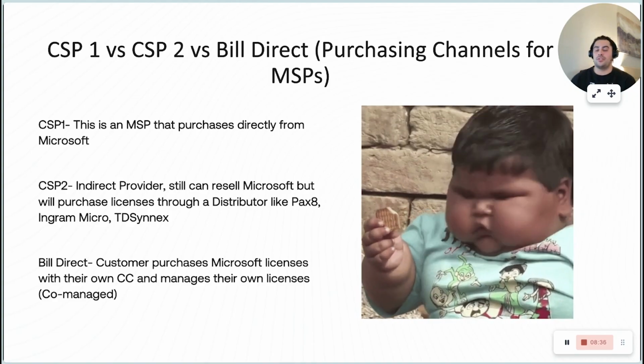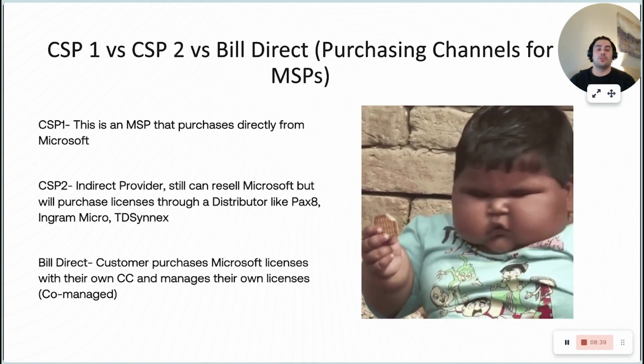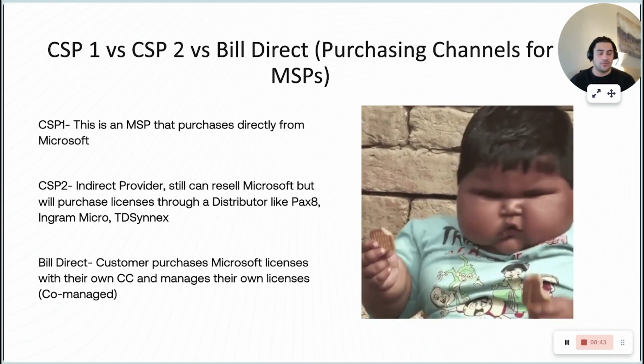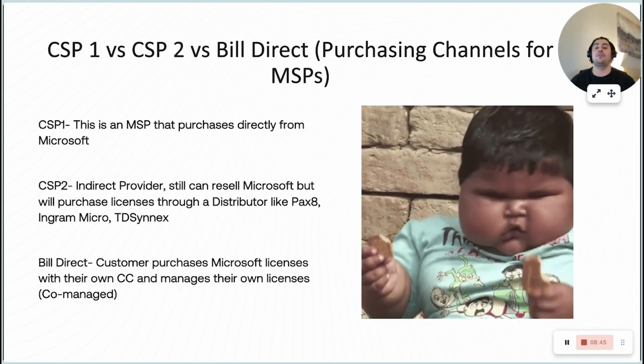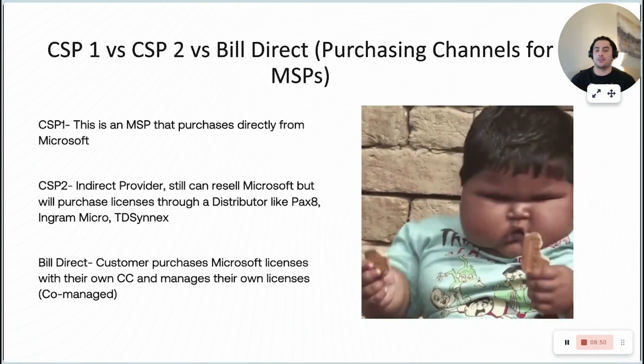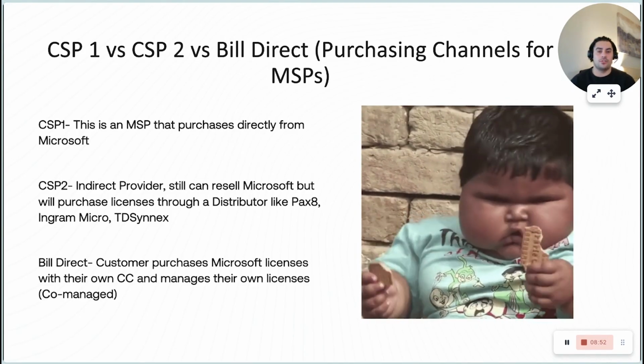But the reason Microsoft is pushing towards working through distribution is this allows them to help out with, one, providing you with an account team, so that way you have a dedicated resource to reach out to, somebody to get in contact with, ask about licensing questions. You have resources on that side that will help you with navigating the Microsoft program questions as well.